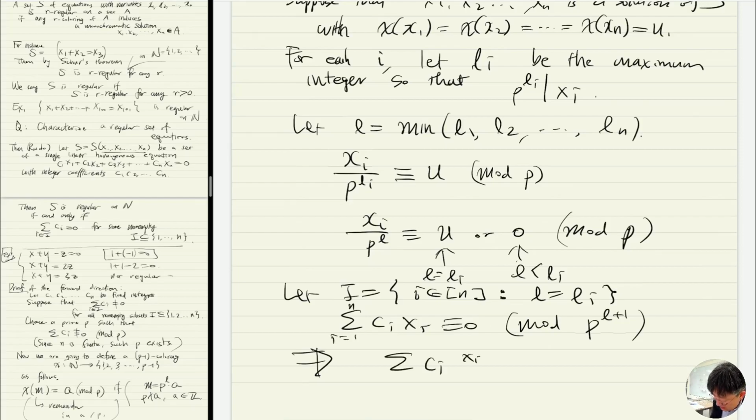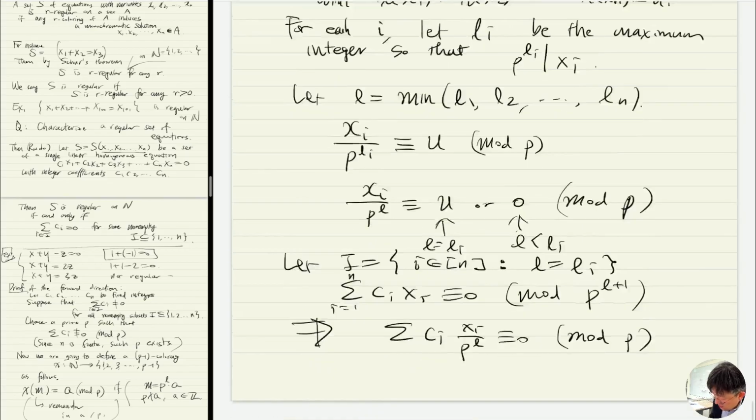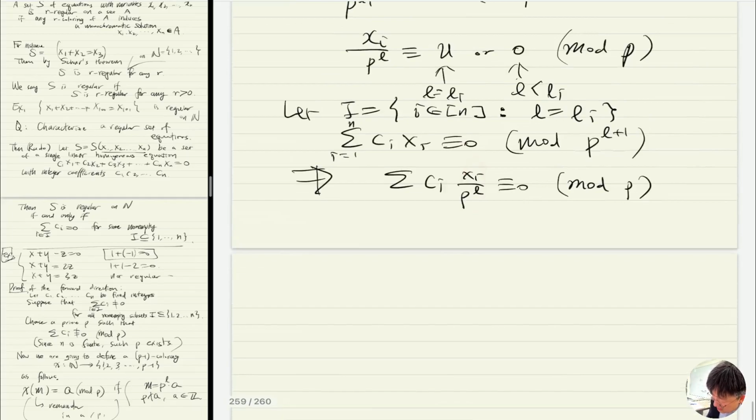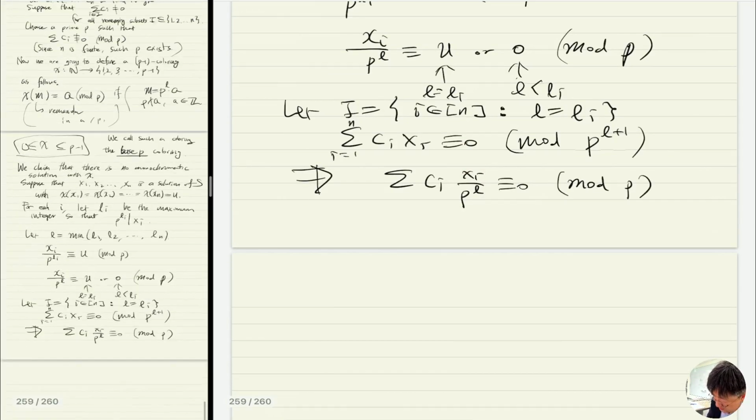So the sum of Ci Xi over P to the L is 0 modulo P. But I know that this thing is either u or 0, and u is non-zero.